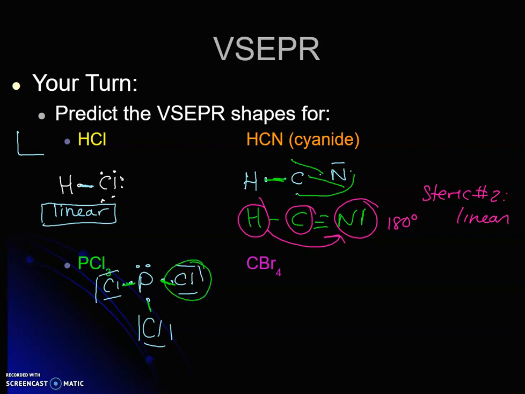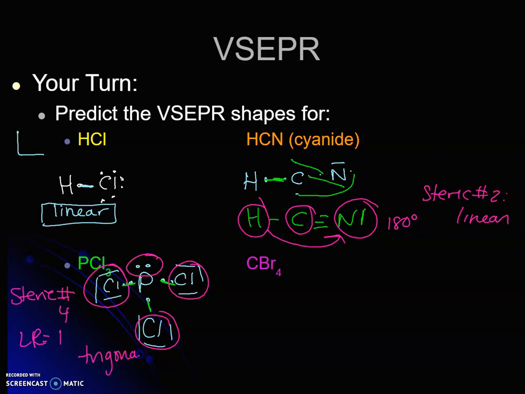There is 1, 2, 3, 4. There is a steric number of 4. How many lone pairs? There's 1. So that means this is a trigonal pyramid, and the bond angle is less than 109.5 degrees.